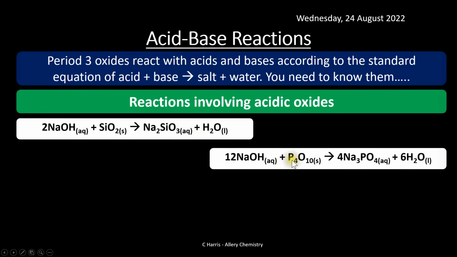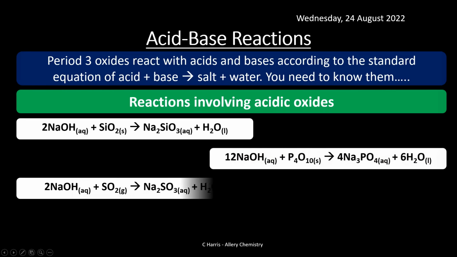Sodium hydroxide reacting with phosphorus oxide. Remember, this is your acidic oxide here. This reacts with the base, and this will form sodium phosphate and water. So you see very similar reactions. Sulfur dioxide obviously is an acidic oxide, so this will react with sodium hydroxide to form sodium sulfate and water.